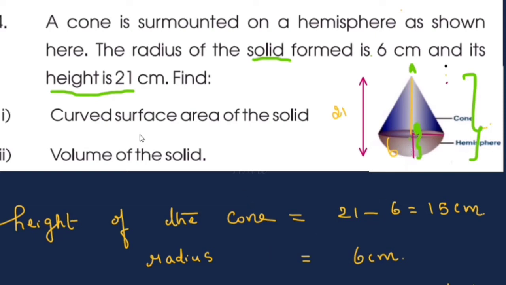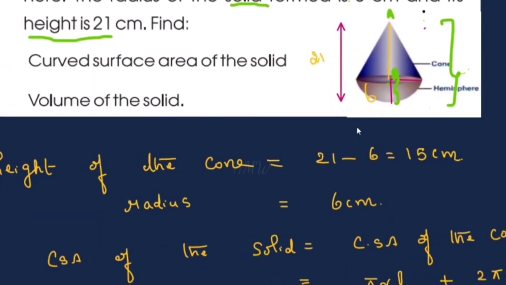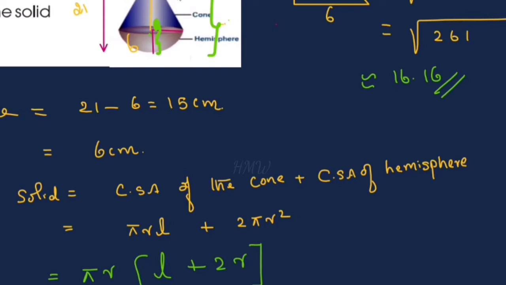Now we have to find the curved surface area of the solid. The curved surface area of the solid is the curved surface area of the cone plus the curved surface area of the hemisphere. The curved surface area of a cone is pi r L, where L is the slant height, plus the CSA of a hemisphere, which is 2 pi r square.